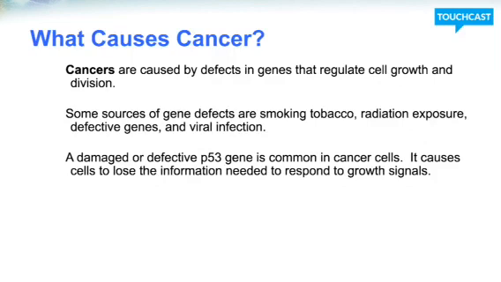The gene that is associated with cancer cells is called P53. If something happens to the P53 gene in our body, we end up losing our power to control cell growth, and that's when we have cancer.